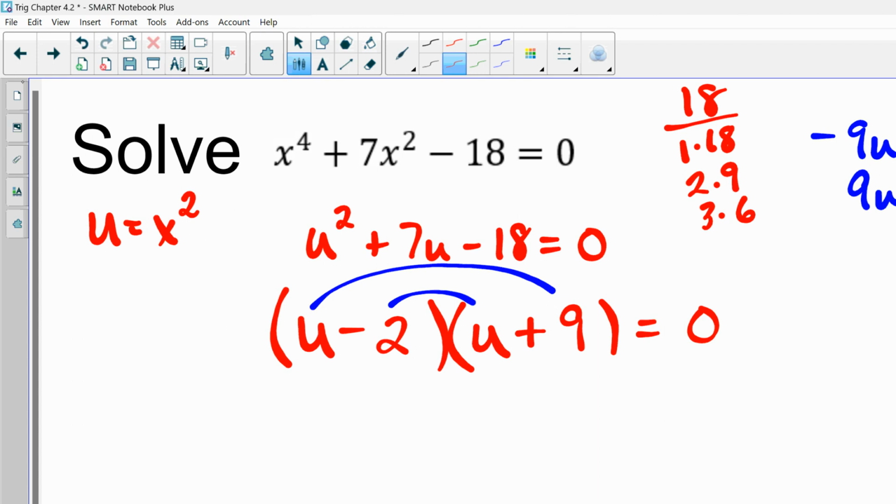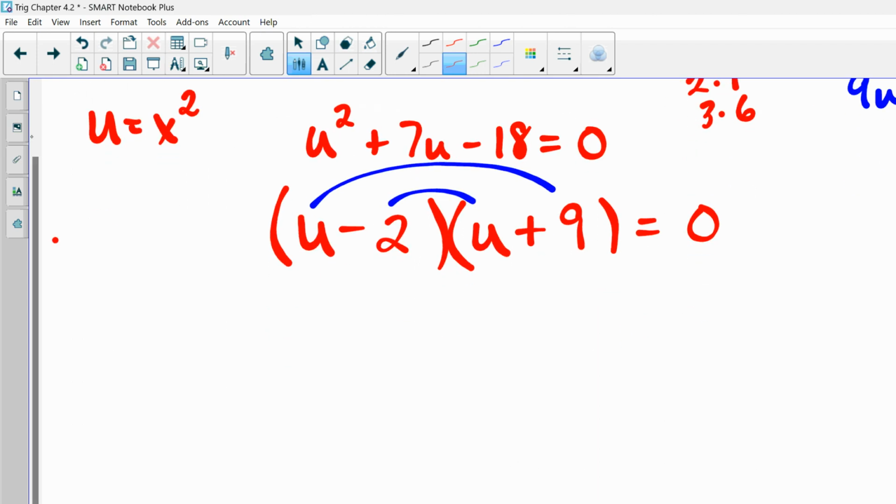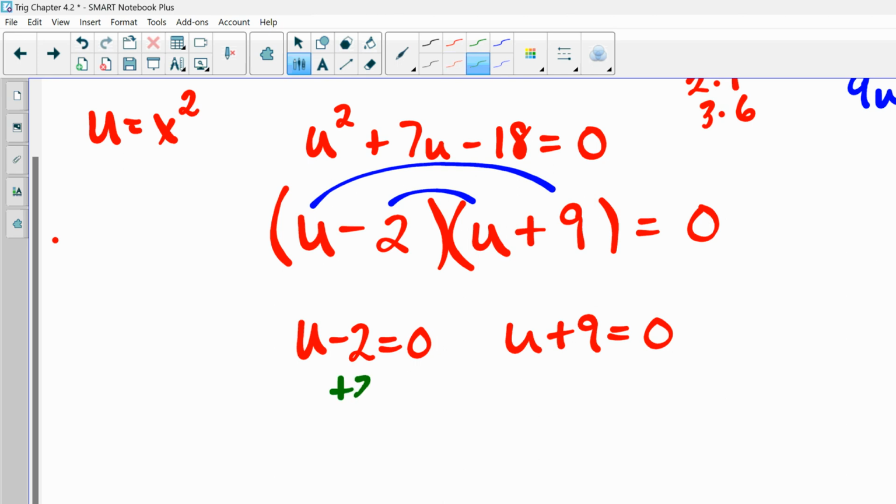And again, just like before, we can keep solving from here, telling us that u minus 2 is equal to 0, and u plus 9 is 0. Well, if we solve each one of these here, we add 2 to both sides for this one here. It tells us that u is equal to positive 2.